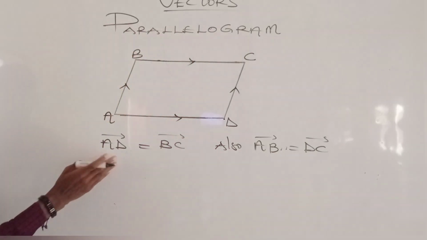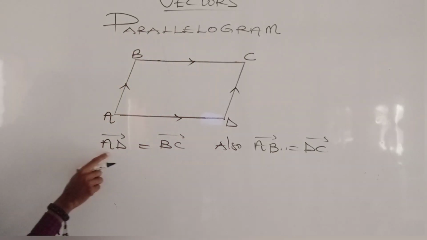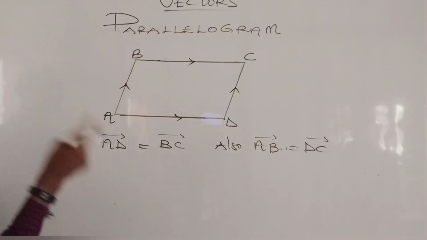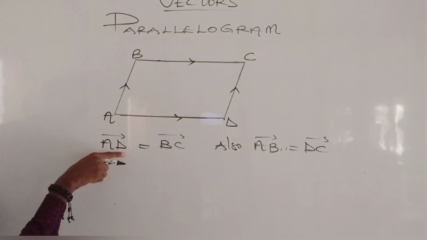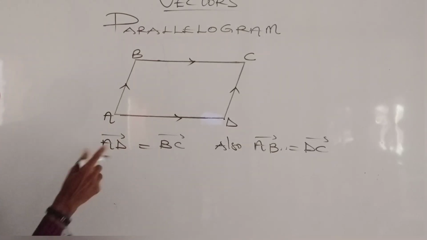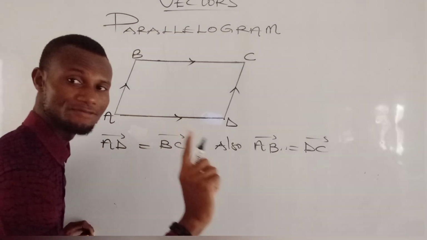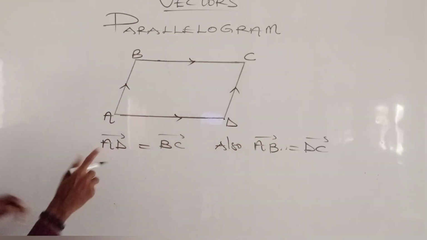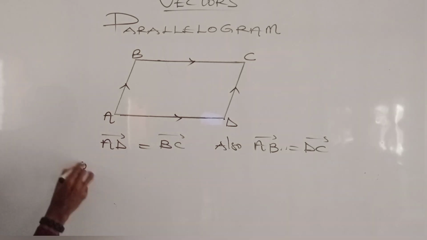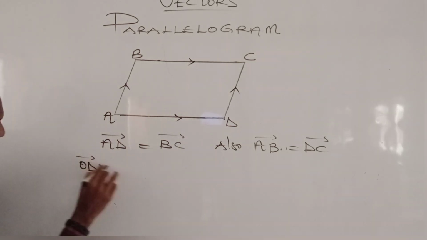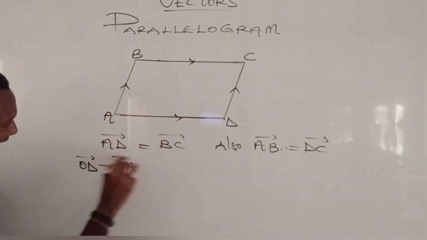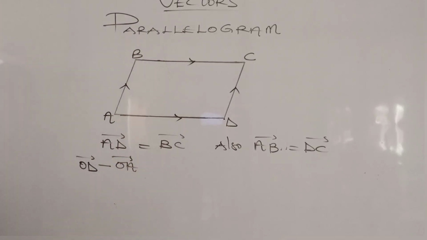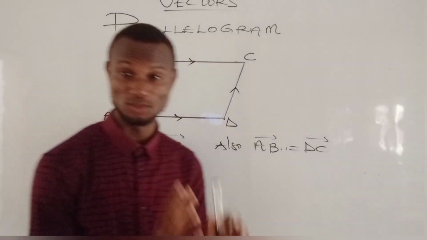So the expansion of vector AD is going to be the position vector of the last letter, which is D, minus the position vector of the first letter, which is A. So it's going to be OD minus OA. I hope you understand and you agree with me up to this point.